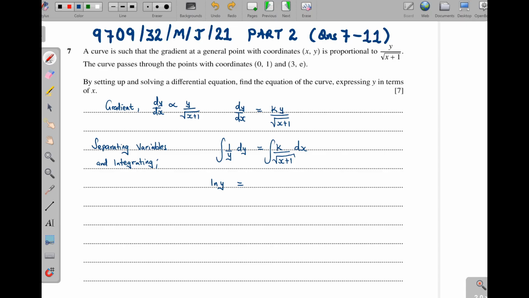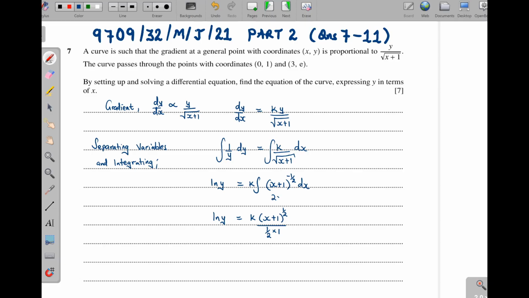So here, this one is actually the same as saying x plus, I can put the k out, then x plus 1 to the power of negative 1. You see that? So you have natural log of y, which will be equal to, now we increase the power by 1, which will be a half. Then we divide by that new power. But then times the derivative of what is coming from inside here.